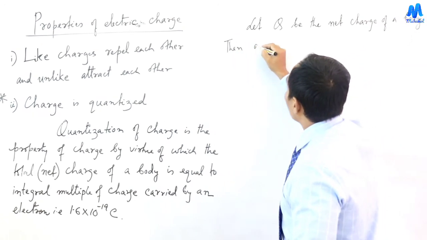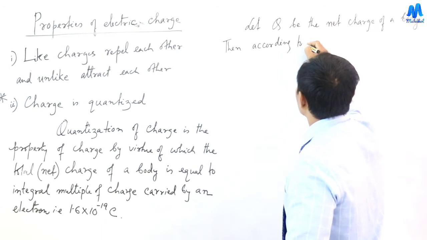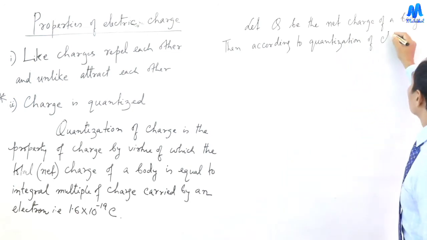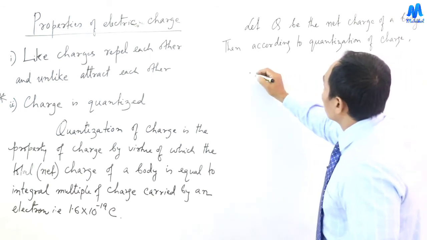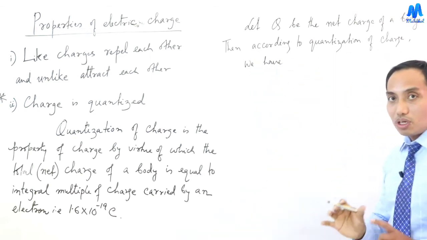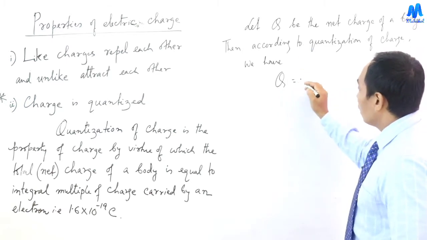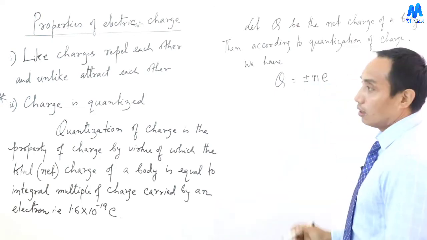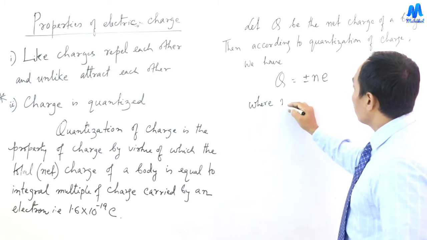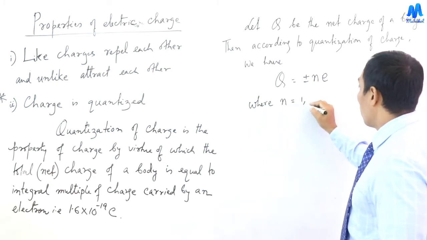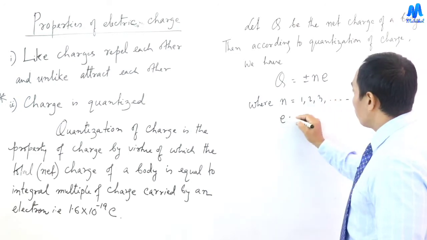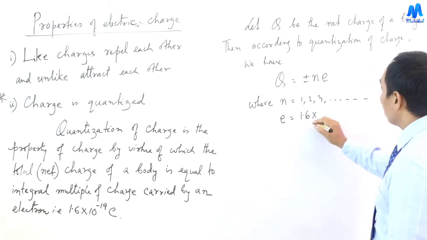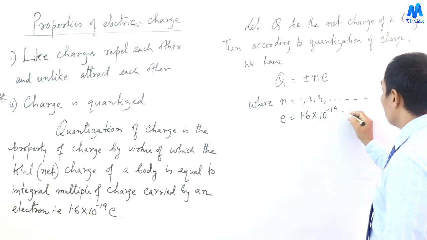Then, according to quantization of charge, we have Q equal to plus minus NE, where N represents an integer, like 1, 2, 3, 4, and E represents the basic charge, that is the charge carried by an electron, with magnitude 1.6 into 10 to the power minus 19 Coulomb.